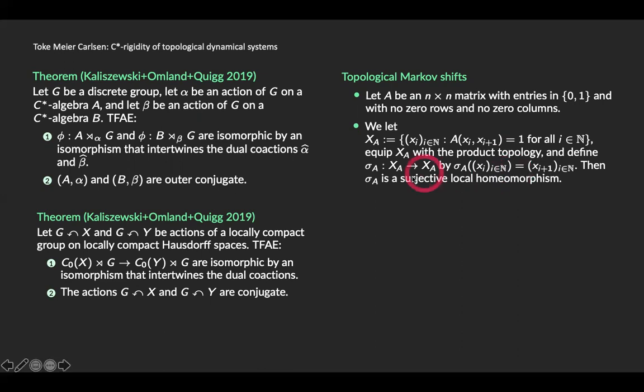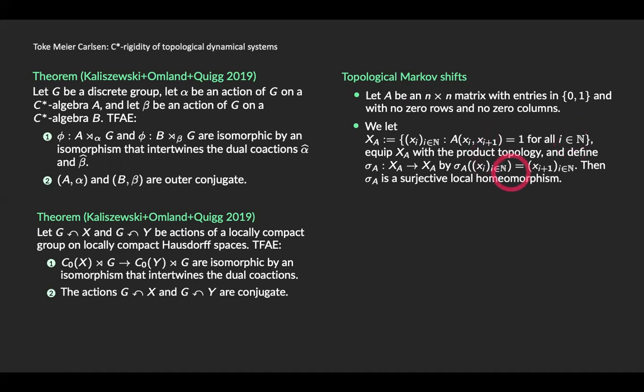And then this shift map here is a surjective local homeomorphism, but it's not a homeomorphism, because we are throwing away the first element of the sequence, and we can have two sequences which are equal except at the first element. So the shift map is not necessarily injective, and therefore not necessarily a homeomorphism.